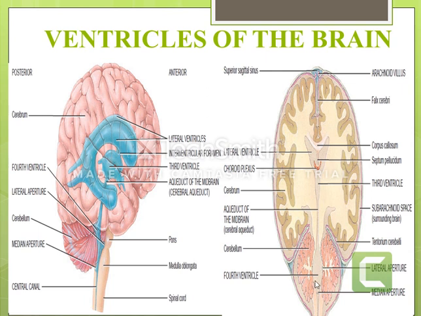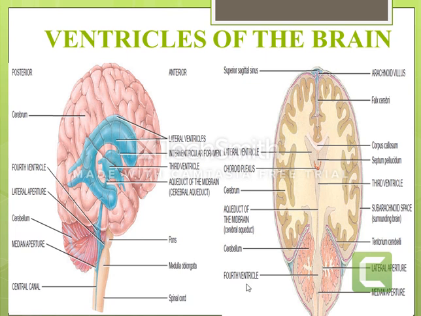See in this image, the 4th ventricle is continuous with the central canal, and it lies between the cerebellum and the pons.